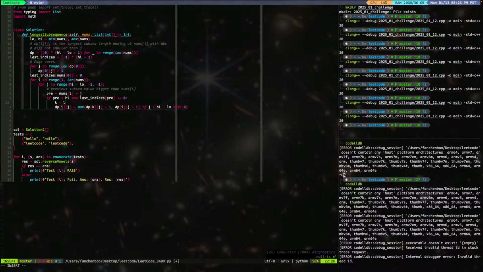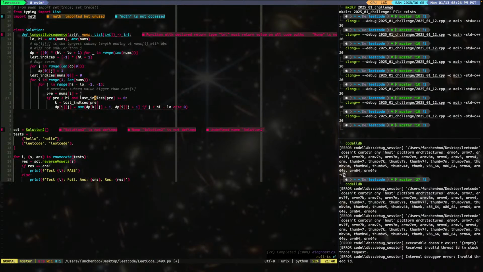Alright, I'll say k equals last indices pre, right? If pre is less than high and this, then we have a k, right? Which means j is not too big, because j is smaller than high minus low.